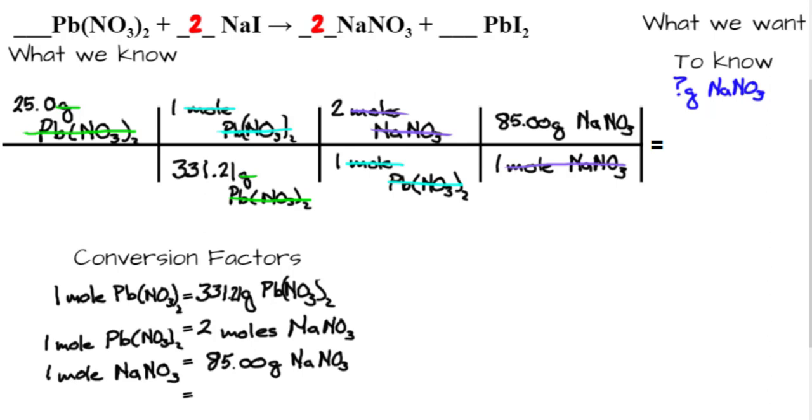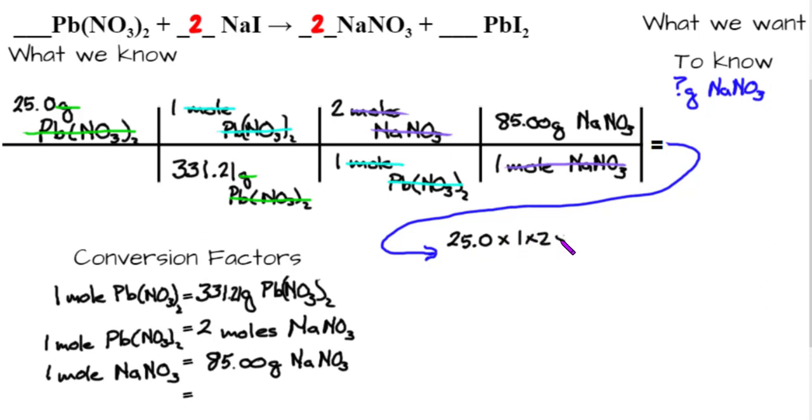All right, so when I do this mathematics, I'm going to type the numbers: 25.0 times 1 times 2 times 85.00, divided by 331.21 times 1 times 1.